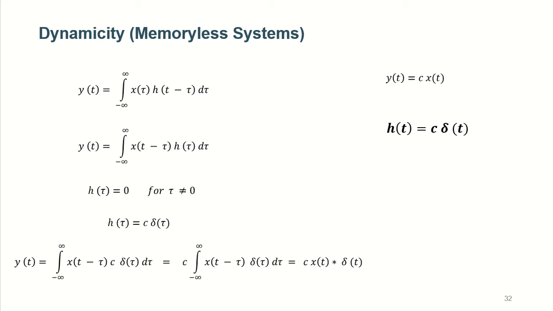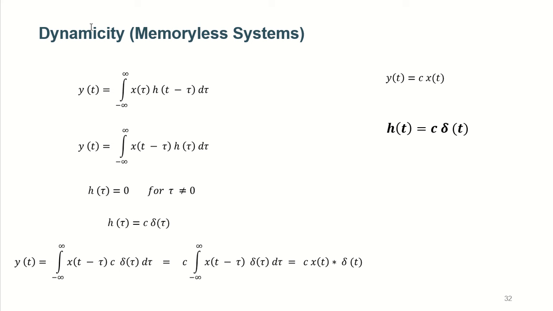So let's first consider this system which we considered last time as well. For any system we can give the convolution by this formula: y of t is equal to the integral from minus infinity to infinity of x of tau h of t minus tau d tau, right? From the last lecture, we learned that convolution is commutative.